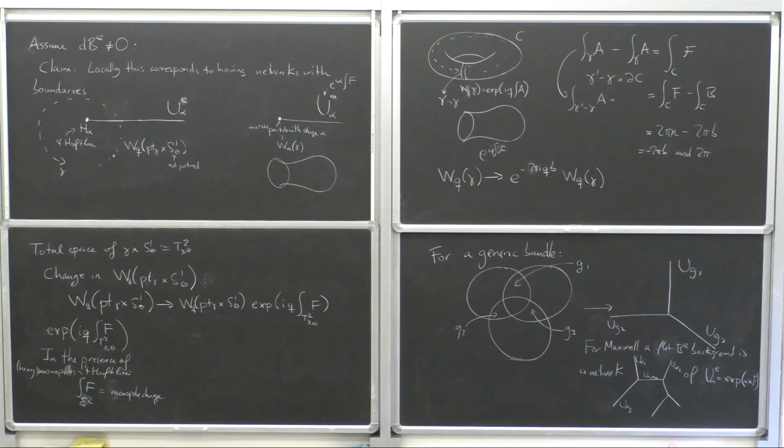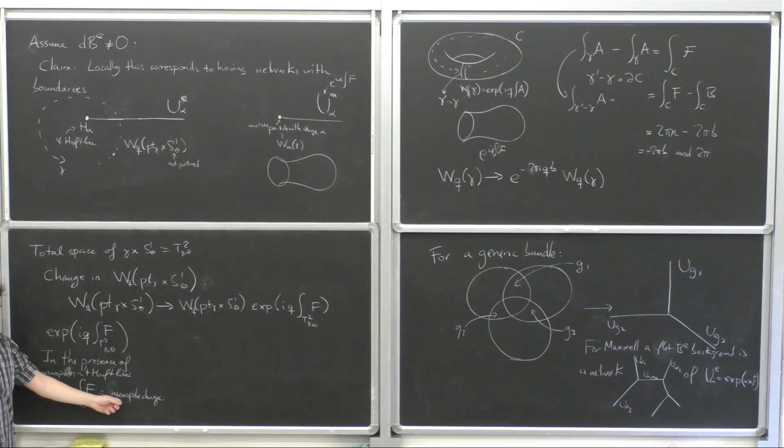And this is how you define monopoles. You take a two-surface that links the monopole, in whose interior you have the monopole, and if you integrate f around that, you get a fixed number, which is the monopole charge that you have inside.